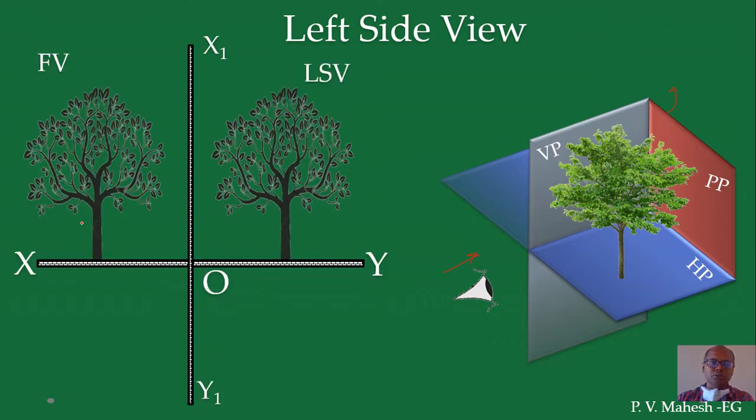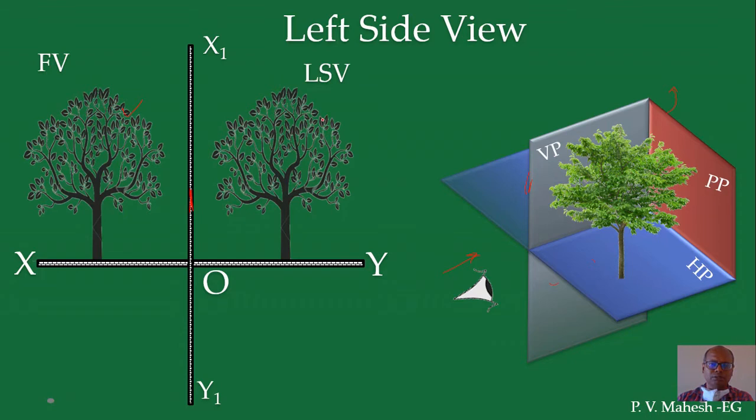So this is the front view, and this is the side view. In side view, the vertical plane is visible like a vertical line. So this is x1 y1, and beside this you have the side view.